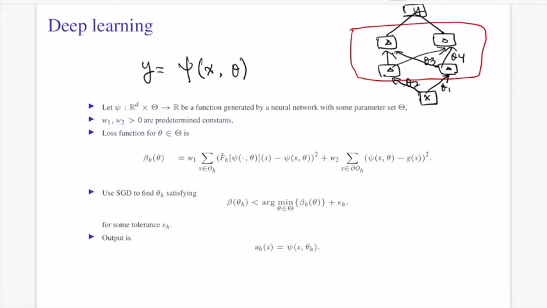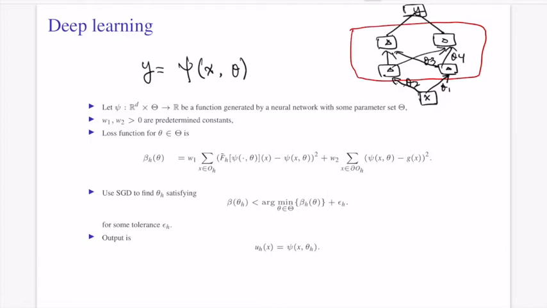To do that, we first propose a loss function. The loss function is a sum of two parts. The first part gauges the performance of the approximation in the interior of the domain, and the second part gauges the approximation behavior at the boundary of the domain. Summed up, you have the total loss function.